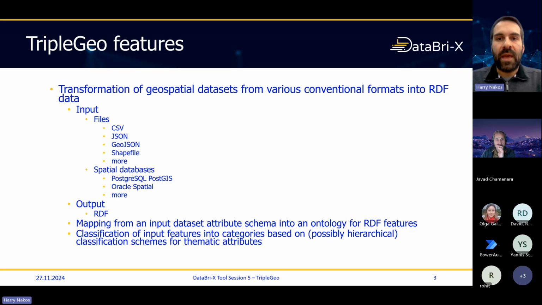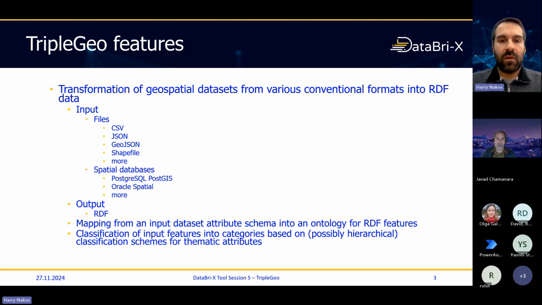And there are two main features that make this output possible. The one feature is mapping from an attribute schema into an ontology. The attribute schema refers to the thematic attributes and also the features of the input data.